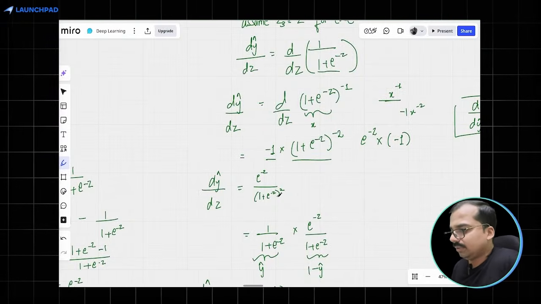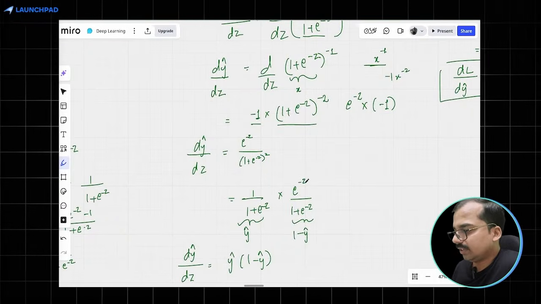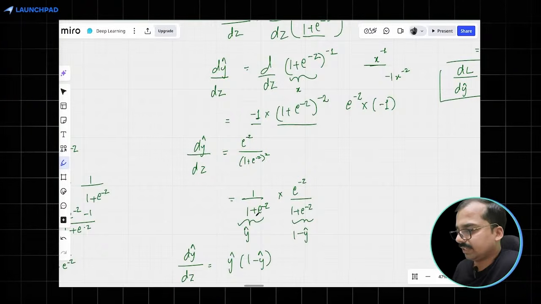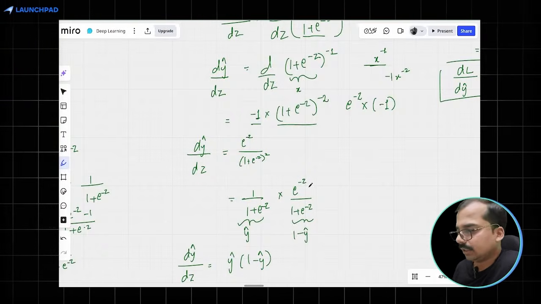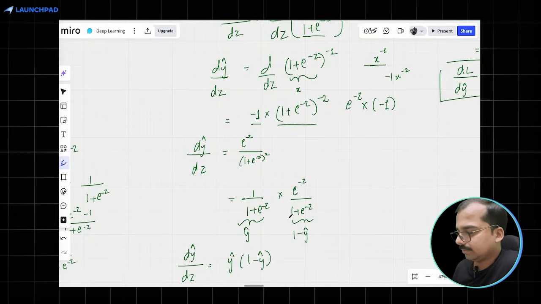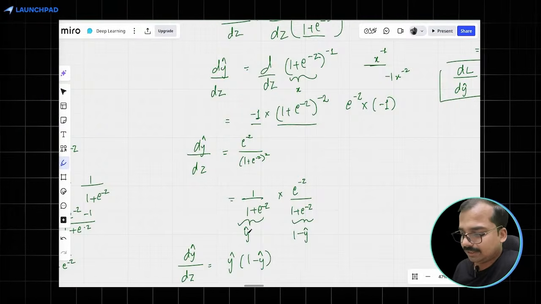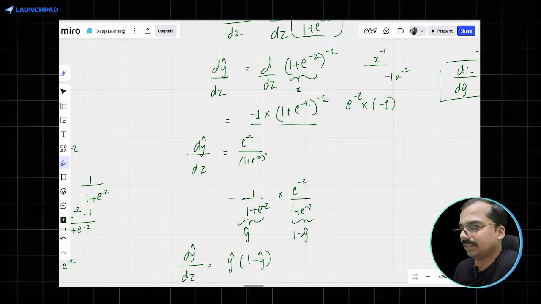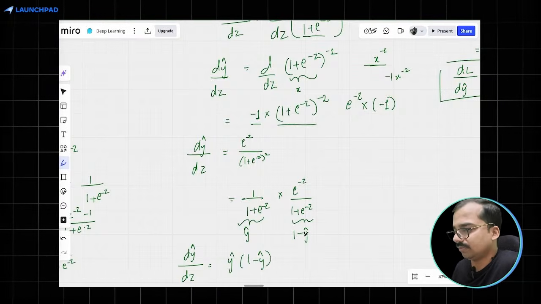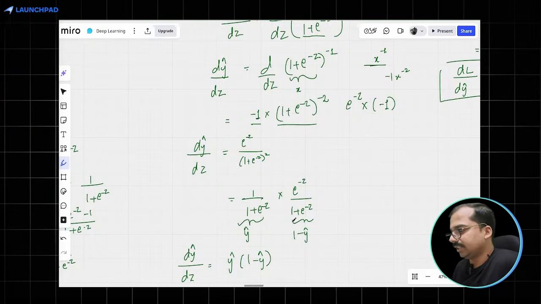Now this can actually be broken down into two parts. So I have written it as two parts: 1 plus e to the power minus z, twice, and e to the power minus z over it. Okay, this is fine, right? Now this 1 plus e to the power minus z is y hat only, right? But what is this other thing? This is actually 1 minus y hat. If you do 1 minus y hat, you will actually get the same equation. So that's what is put over here.